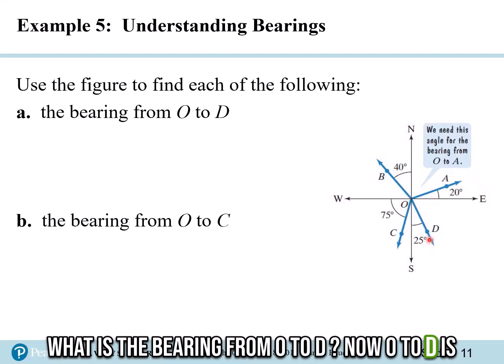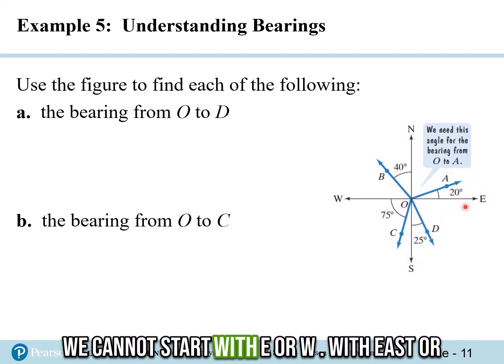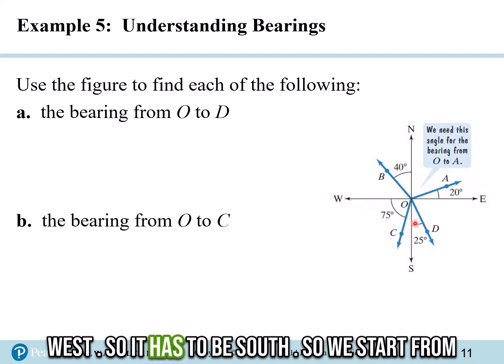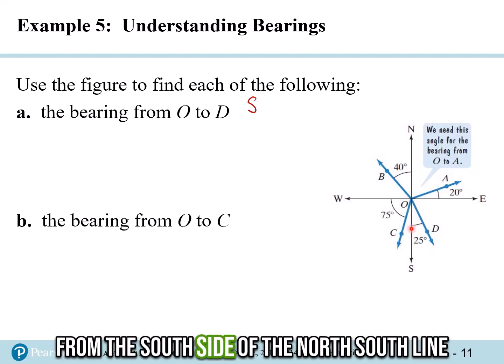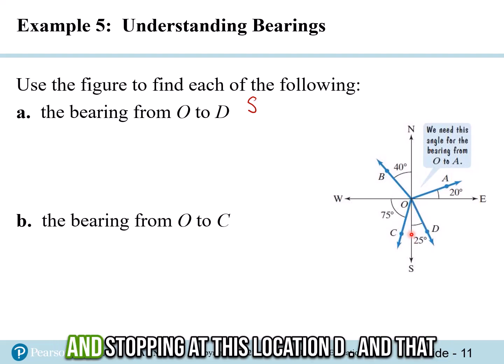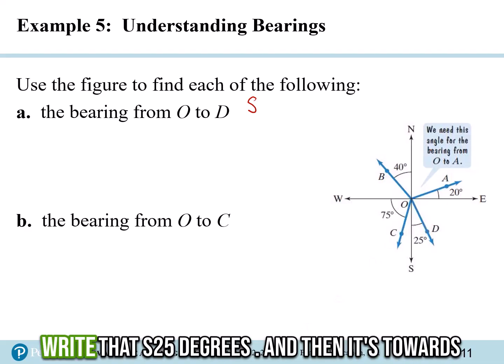Now, O to D is this angle here. We always start with N or S. We cannot start with E or W, with east or west. So it has to be south. So we start from the south. And then the angle is starting from the south side of the north-south line and stopping at this location D. And that angle measure is 25, so we better write that.